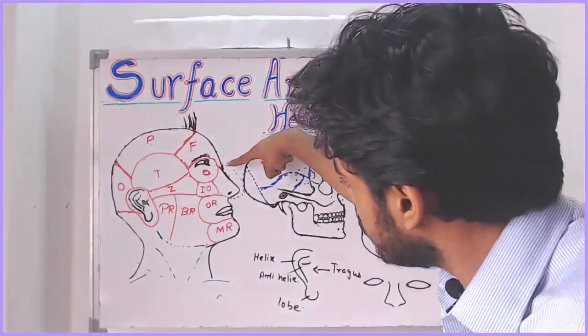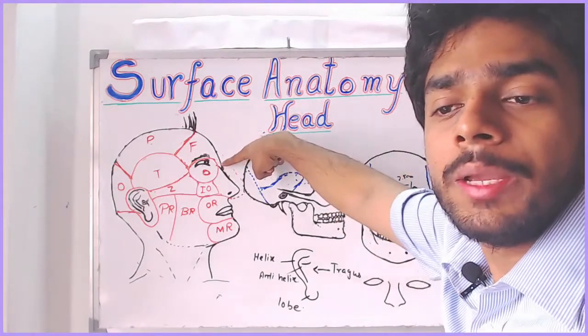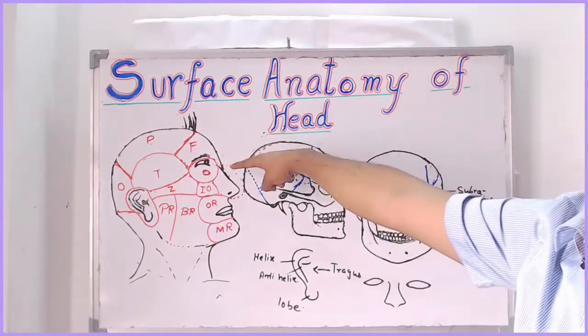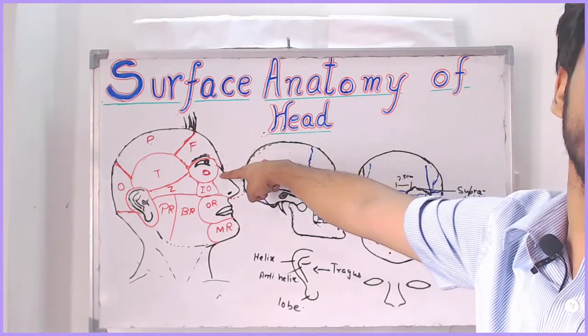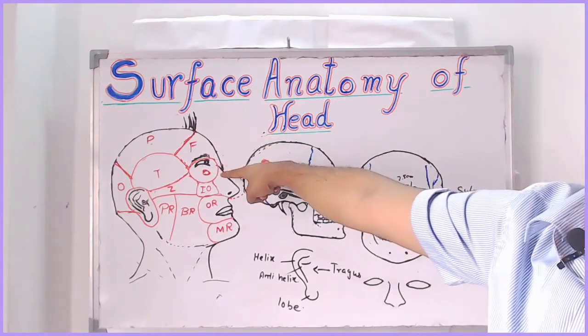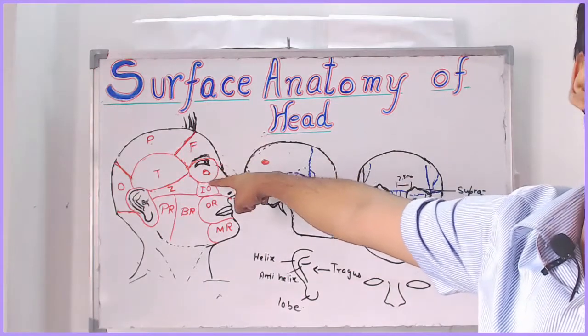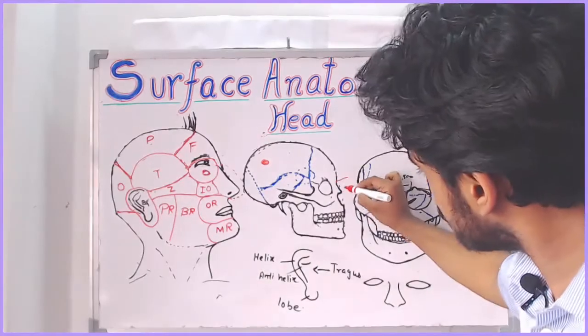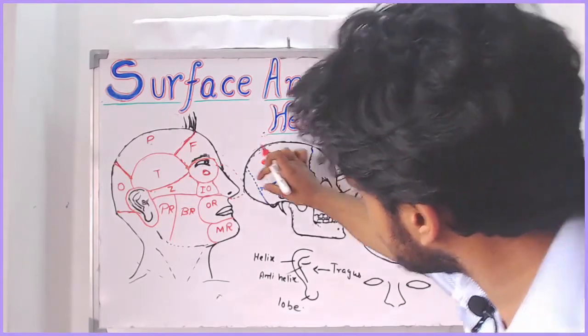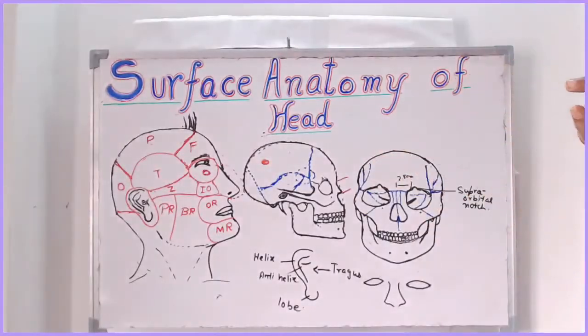When you put the finger here, this is the deepest part. This is a well marked depression at the root of the nose, and this is called the nasion. And there is a firm bony portion. See, this is the firm bony portion.